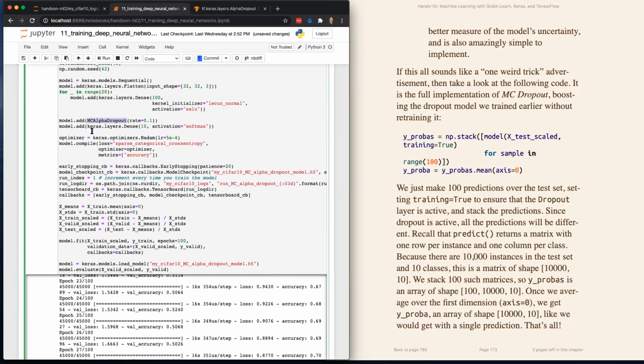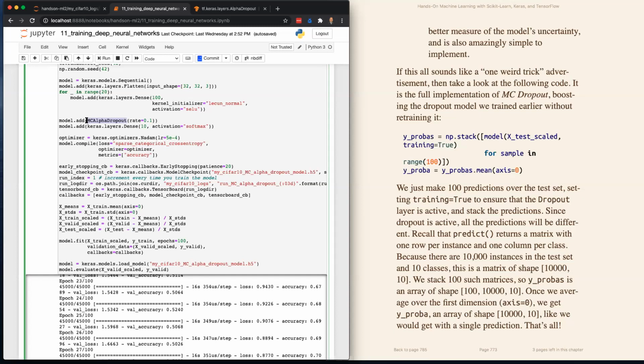Since dropout does not have trainable parameters, that's why he has just replaced it. It does not have any weights, right? Yeah. So you can just replace it and it would still work well. So you're saying you can train a model with one type of dropout, and then replace it and use it for inference with the other kind of dropout.